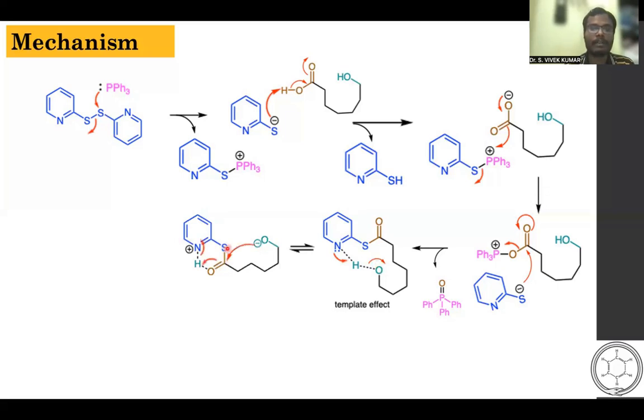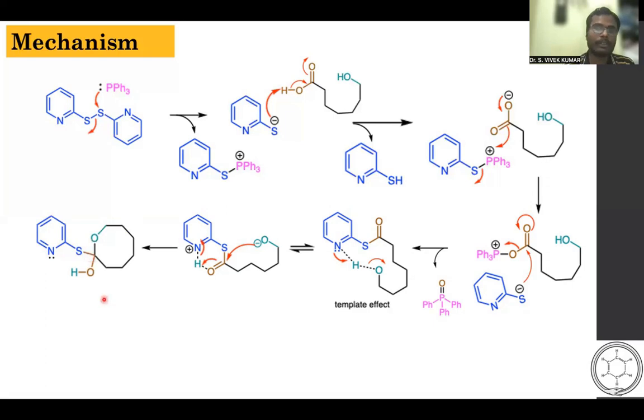Because of this hydrogen bonding effect, the carbonyl carbon becomes electron deficient, then quickly the alkoxide ion attacks this carbonyl carbon intramolecularly. Now this bond moves towards here, this bond breaks down, and the electrons go onto the nitrogen, which provides this 8-member ring system along with the tetrahedral intermediate.